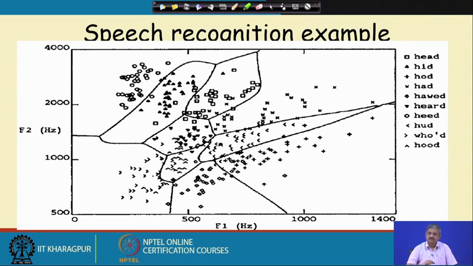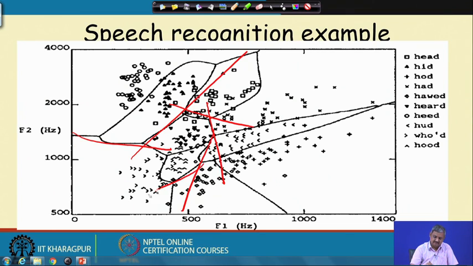Oh no, sorry, not vowels, it is a set of words, heard, heed, had, hawed, similar words. Even actually the vowel also looks like this. So, you can draw a multilayer perceptron to separate them out. Okay.